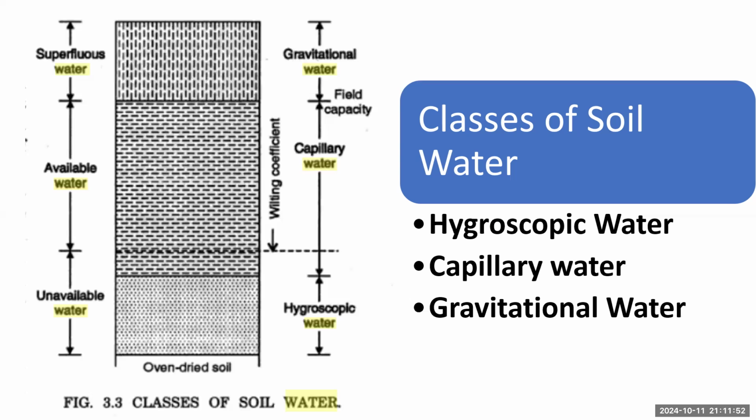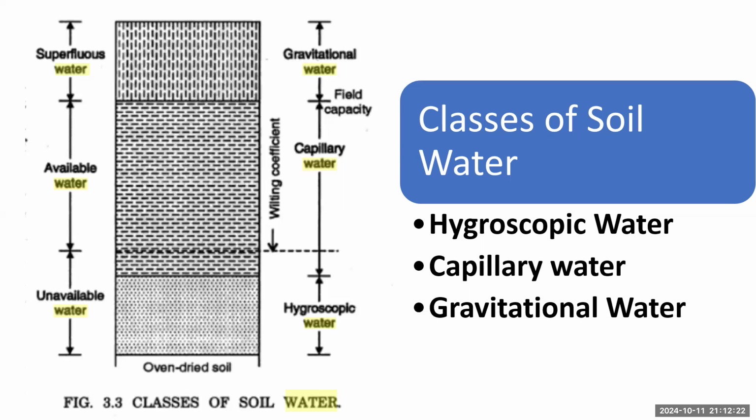That's why the capillary water, which is available from field capacity to wilting coefficient, is called available water. Why is it called available water? Because this particular moisture content is available for growth of the crops. Roots of the crops can take moisture from this particular category, and that's why it is called available water.